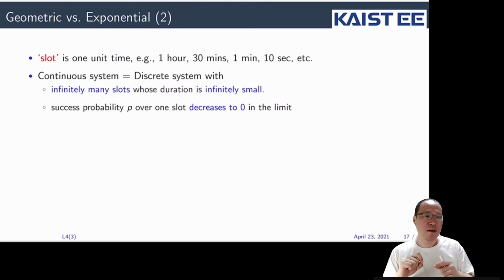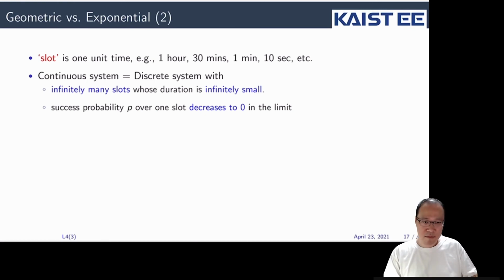Again, going back to the example of the modeling of the customer arrivals at my shop, if I record the number of customers at every like 0.00001 seconds, it seems almost equal to the continuous case. Okay. Now remember, if we decrease the slot size to an arbitrarily small thing, then the success probability over one slot, which is used for the discrete random variable like geometric random variable, should also decrease to a very small number in the limit, right?